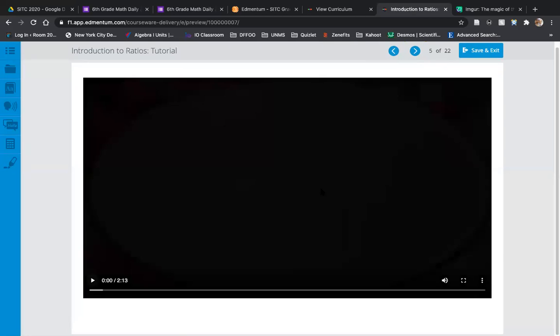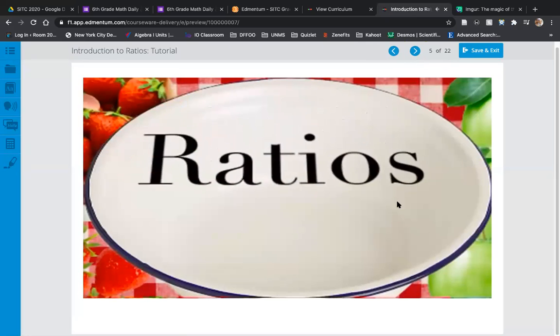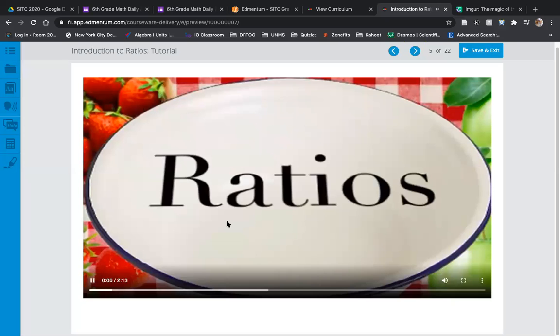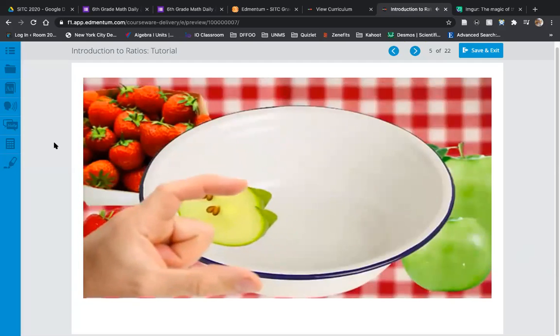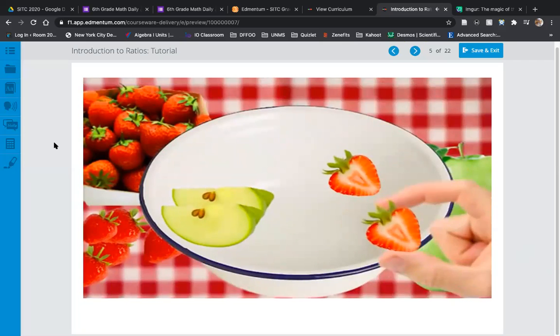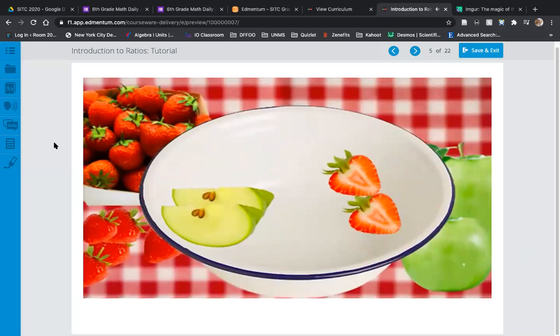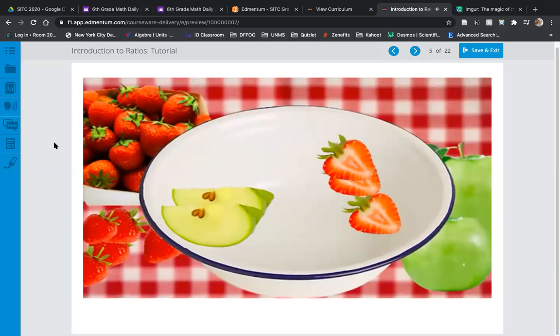When dealing with numbers, oftentimes we deal with quantities which can relate to each other. These relationships are called ratios. For instance, when making a fruit salad, there will be different quantities of each fruit. Let's say our salad has apple slices and strawberry slices. A recipe might call for 2 apple slices and 5 strawberry slices.